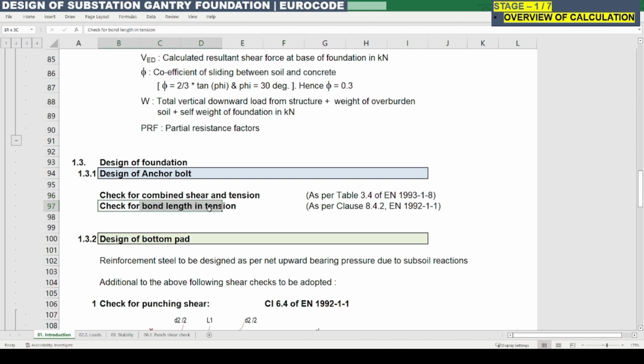The second one is the check for bond length in tension. This will give you how much length of the anchor bolt is required to be embedded in the concrete. So this we need to calculate as per clause 8.4.2 in European Standard EN 1992 Part 1 Section 1.